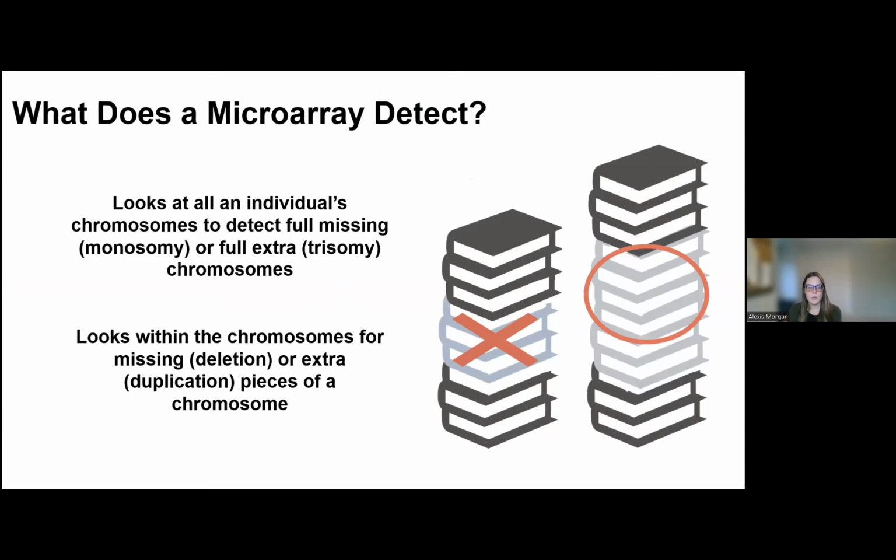A microarray also looks within the chromosomes for some big or small missing or extra pieces of chromosome called deletions and duplications. Together, these chromosome variants are called copy number variants, or CNVs.